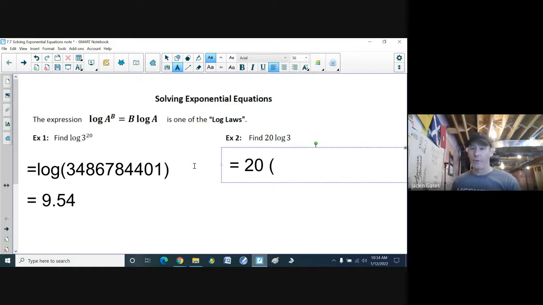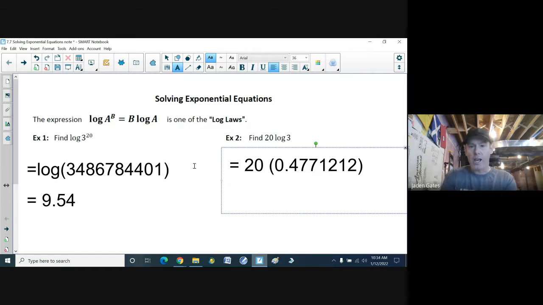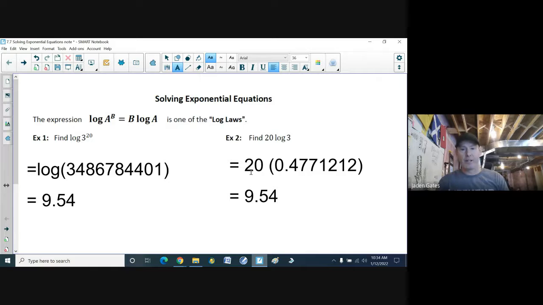The log of 3 is a small number, so the log is going to make it even smaller. When I type log 3 in my calculator, I get 0.4771212. Now, guess what? If I multiply that number by 20, I get 9.54. They're the same thing.